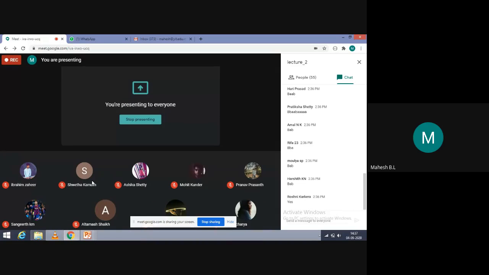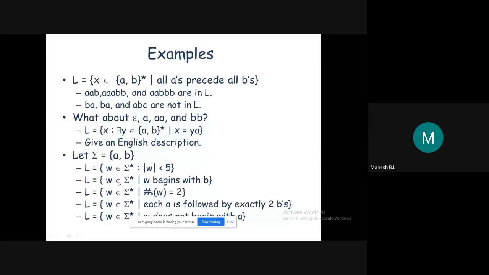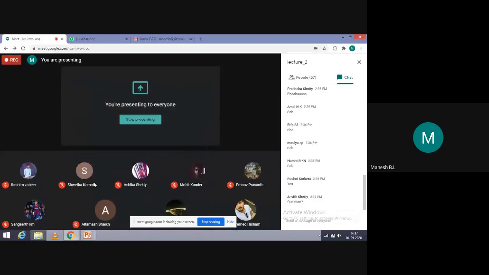Do you agree with this answer? So my question is with respect to the second language, W begins with B: whether epsilon belongs to this language L. Epsilon means empty string. Whether epsilon belongs to L.